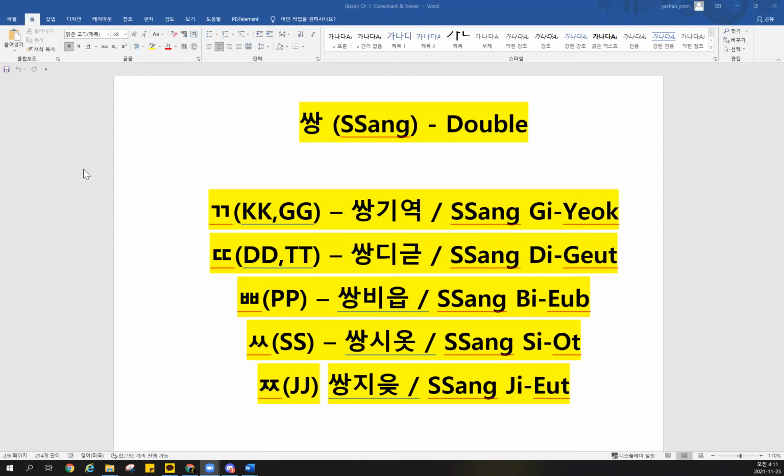But when it becomes the double consonant, it sounds like a stronger G. All right. How about the next one? 쌍디귿, double 디귿. So it sounds like the stronger d, right? Then how can you say it?